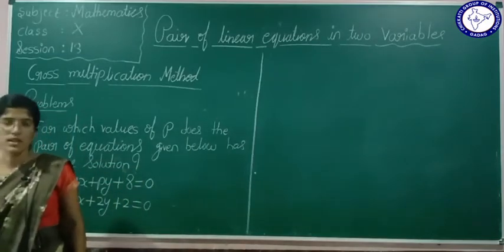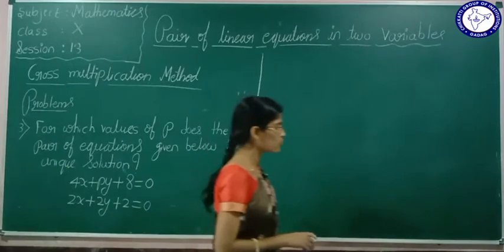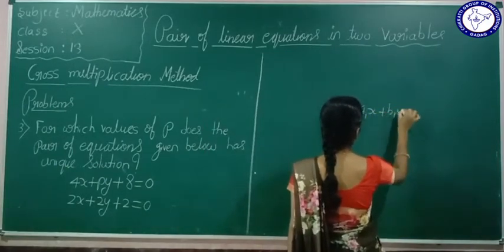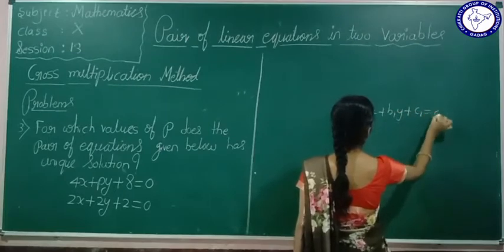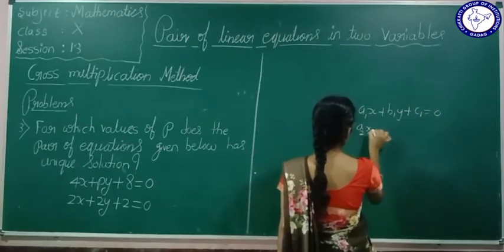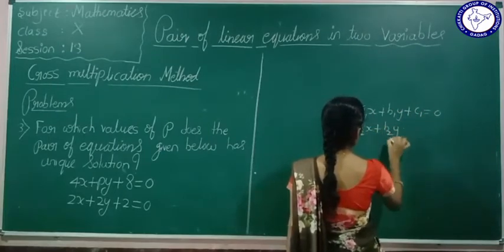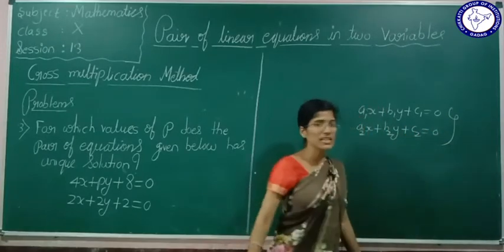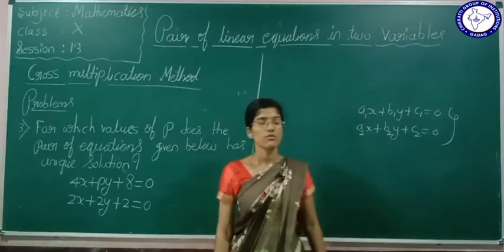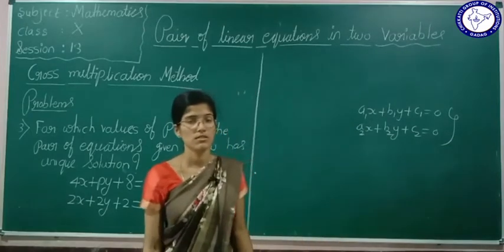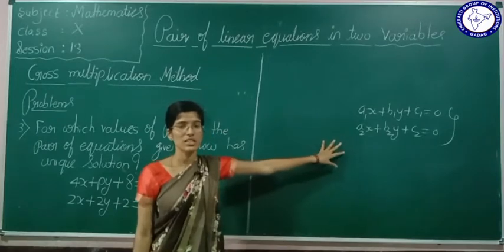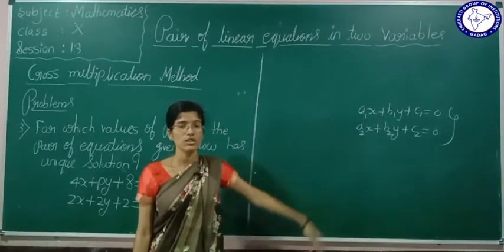Now see here students, you know that for a pair of linear equations, we will just revise whatever we have learnt in our previous classes. For a pair of linear equations, what is the condition for a unique solution?